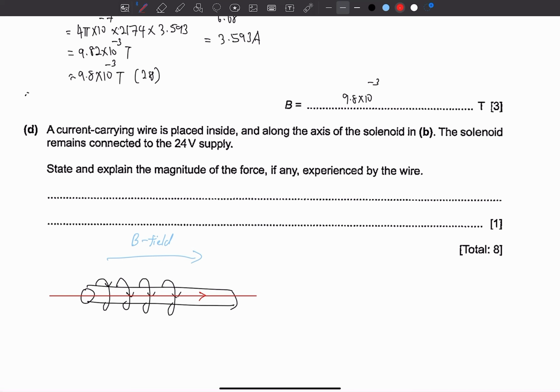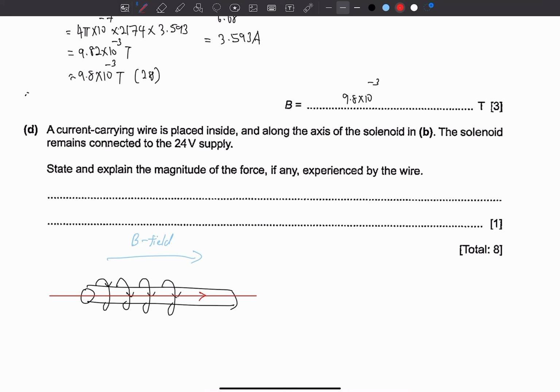The current is in the same direction as the B field, which means to say that it is not perpendicular to the B field. And since the B field and the current are parallel to each other, there will be no force produced. The wire does not experience any force.